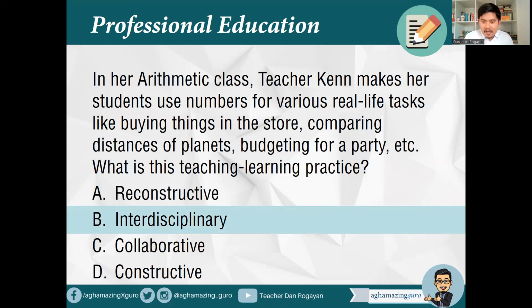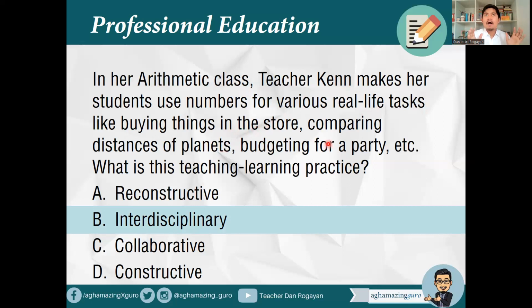So you can see from this question, the keywords such as using numbers for various real life tasks. So meaning the use of numbers is being connected with real life tasks such as buying in the store, comparing planet distances, and even budgeting.